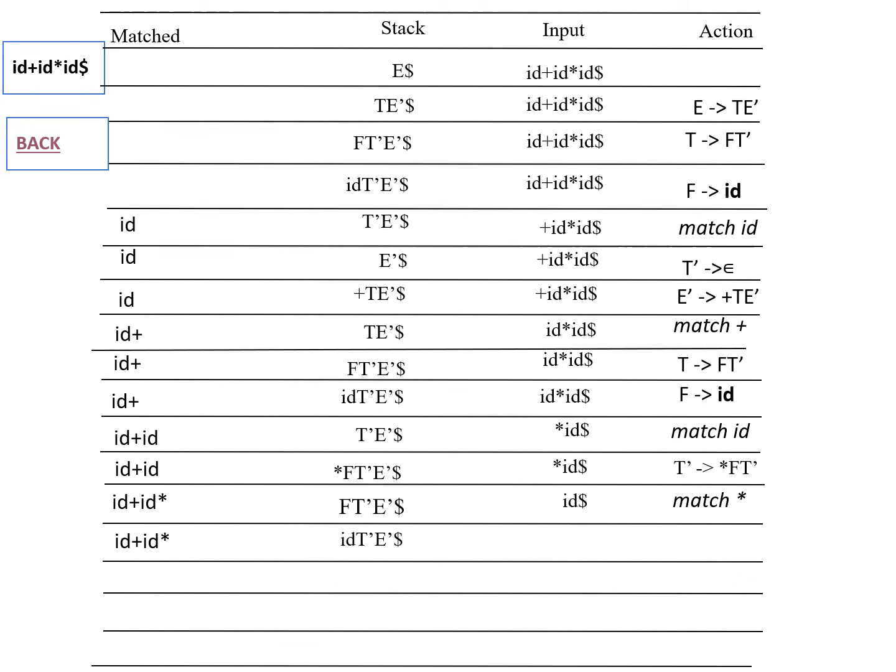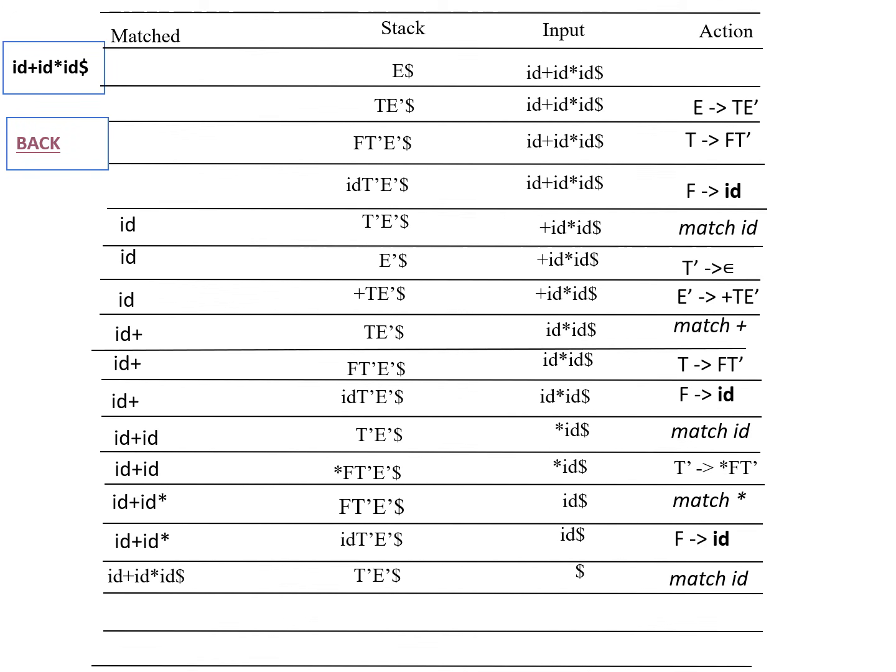What is F on id? F derives id. Now matching occurs. Pop the stack and advance the input pointer so that it is pointing to dollar. Don't stop, because the input is empty now but the stack still contains some symbols. Let us trace that. T dash on dollar, that's why we placed dollar in the predictive parsing table.